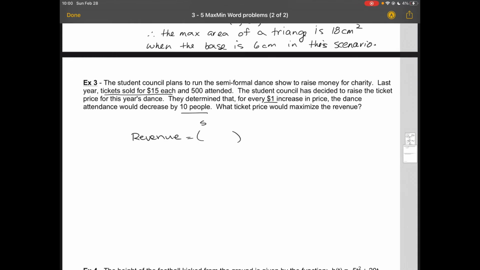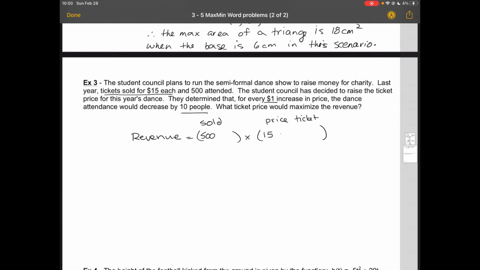So the first thing I know is that my revenue is going to be my number of tickets sold times my price per ticket. And I need to define a variable that I can put in those brackets that's going to work with my question. So last year, they sold 500 tickets and the ticket price was $15.